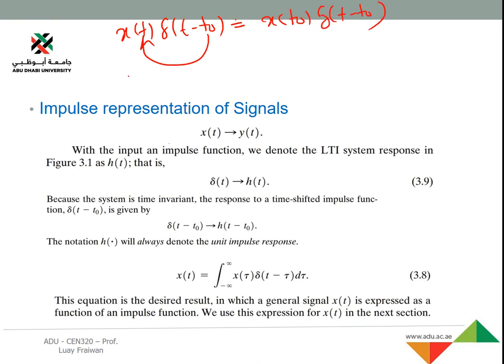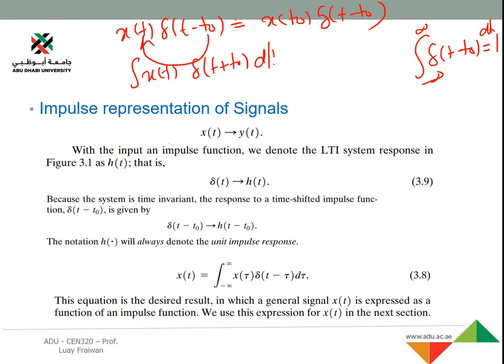Another property: if you integrate the impulse from minus infinity to infinity, it will be 1. So if you integrate the product, you get the function value at that location only, because the integral of the impulse is 1. These are the simple properties of the impulse.